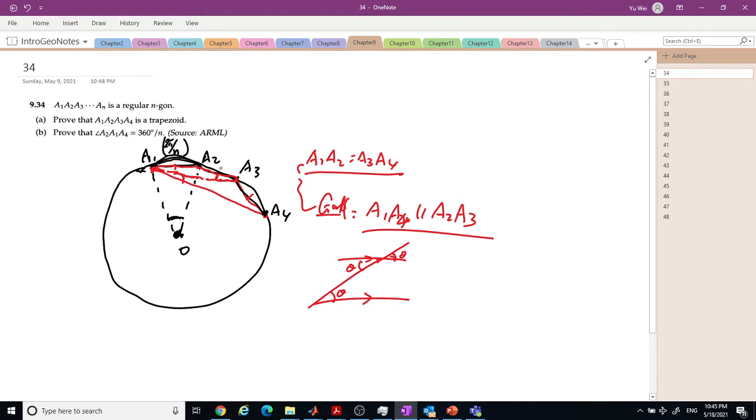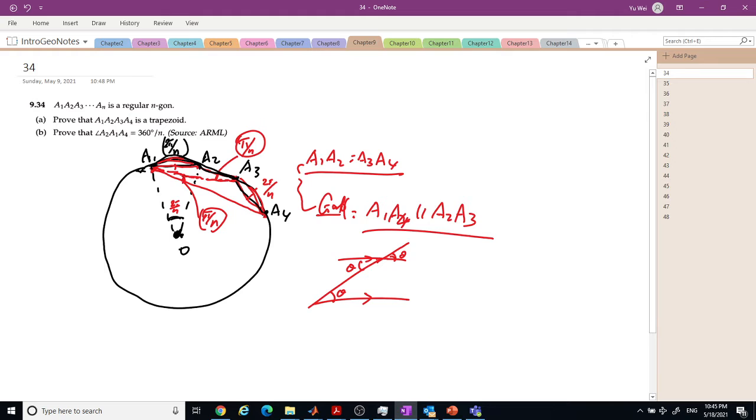We know each arc has the same angle. This arc is 2 pi over n, so the central angle is 2 pi over n, and the inscribed angle here is half of the central angle. So this is pi over n, opposite to this arc. And this other angle is also opposite to an arc that is 2 pi over n, so the inscribed angle is pi over n.